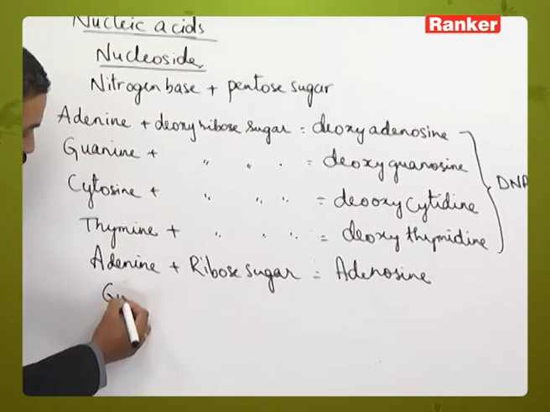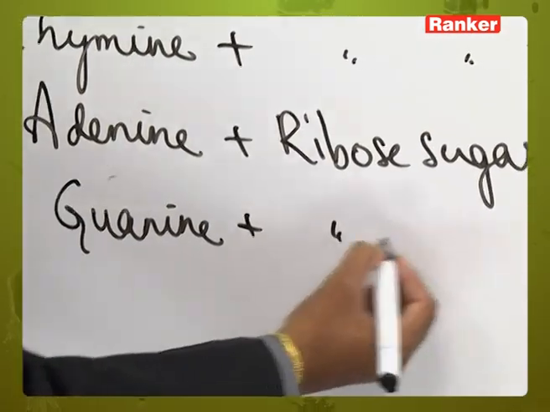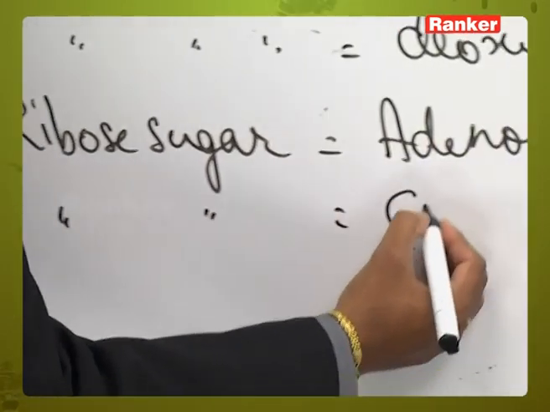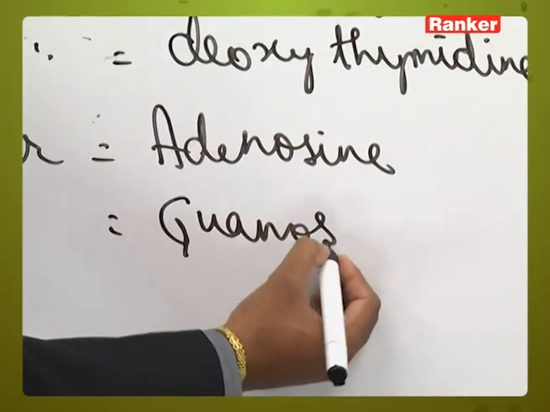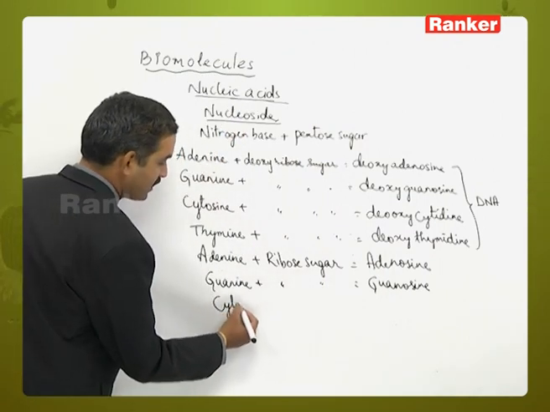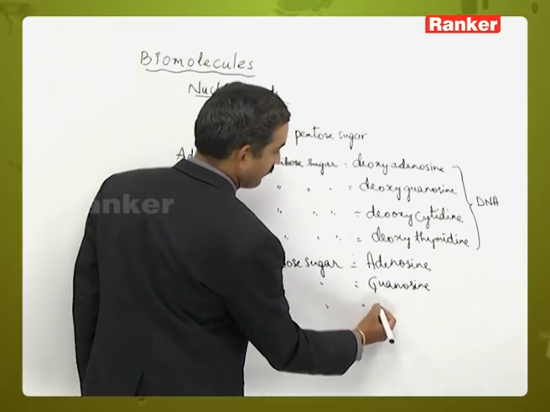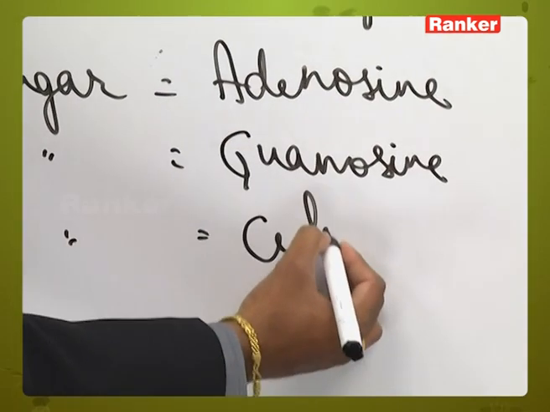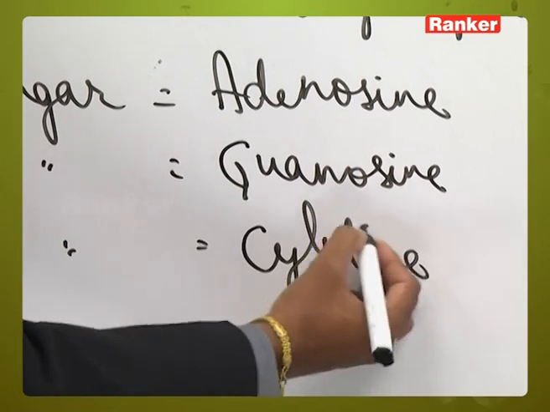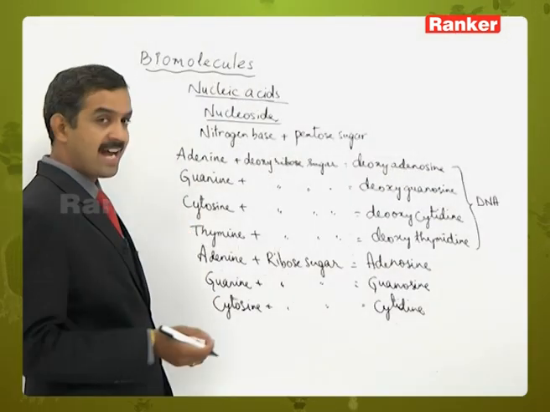And guanine plus ribose sugar is called guanosine. Cytosine plus ribose sugar, cytidine. Here in RNA, thymine is absent.